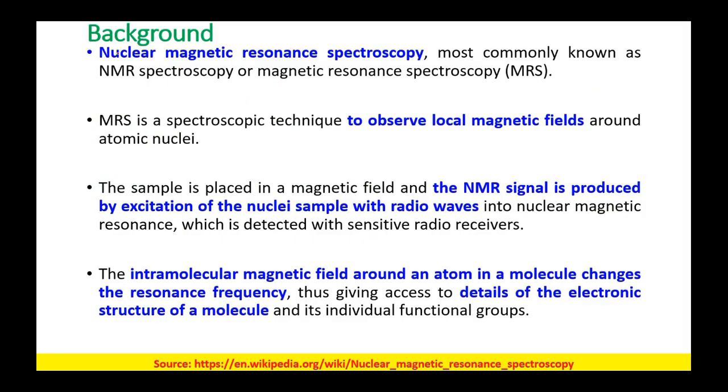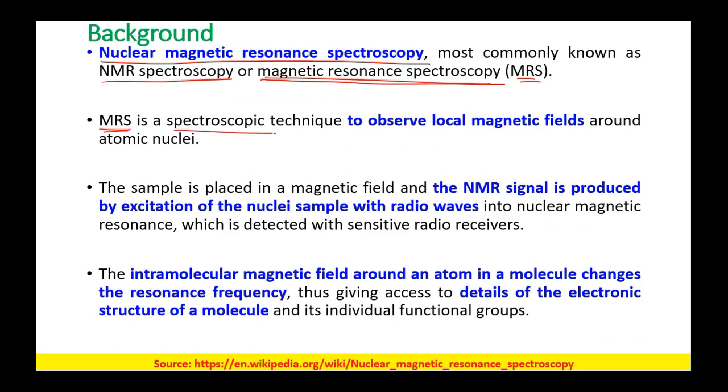In short, it is commonly regarded as NMR spectroscopy or nuclear magnetic resonance spectroscopy. In some textbooks, you may find it as magnetic resonance spectroscopy or MRS. Now, what does this do?